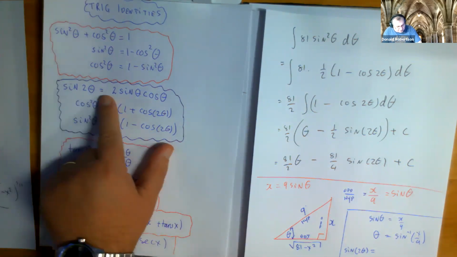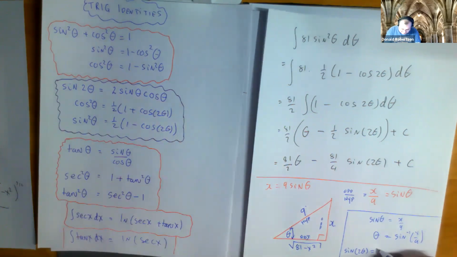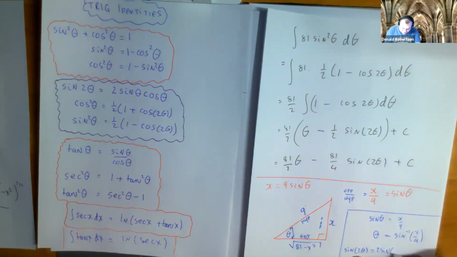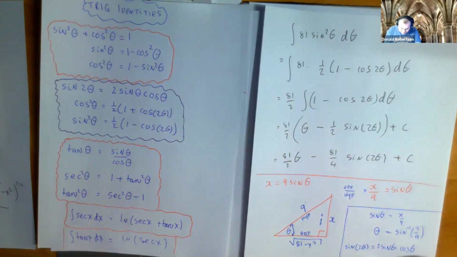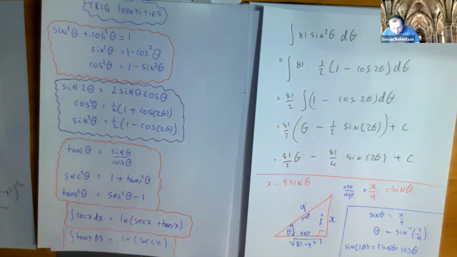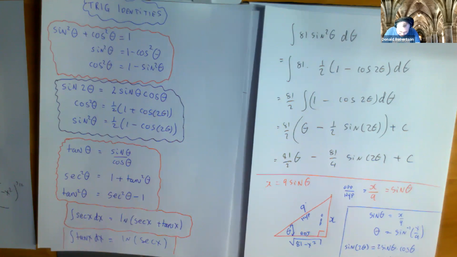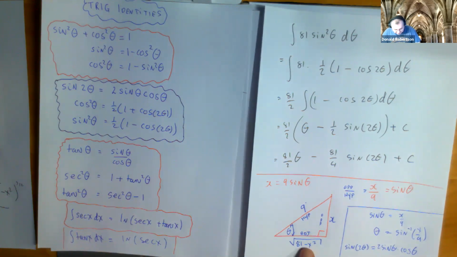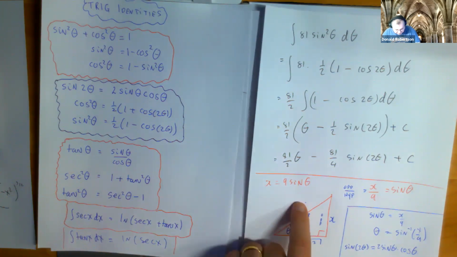And the one I'm going to use is this guy, which tells me that the sine of 2 theta is 2 lots of the sine of theta, which is x over 9, times the cosine of theta, which is adjacent over hypotenuse. So that's the ugly square root over 9.